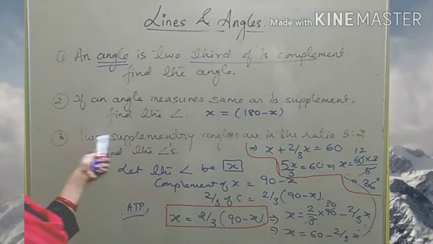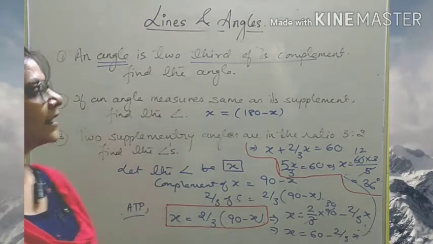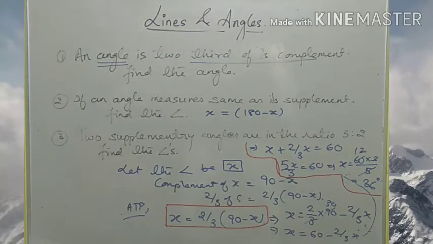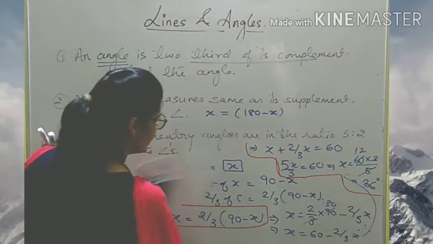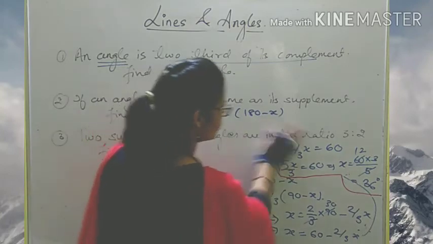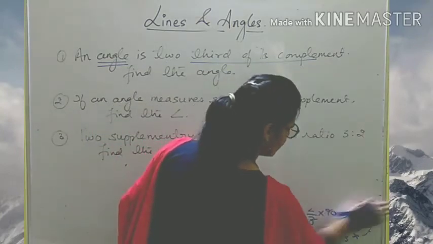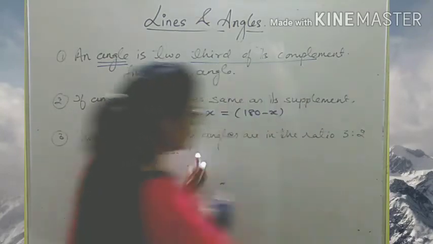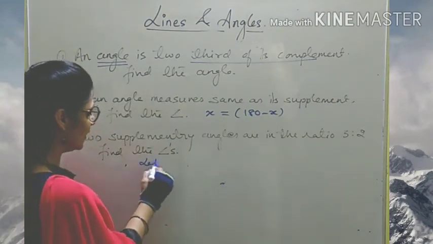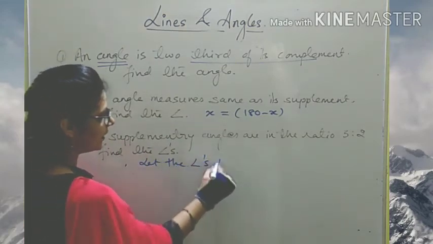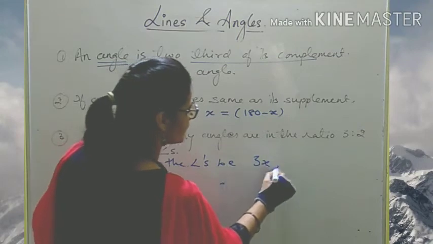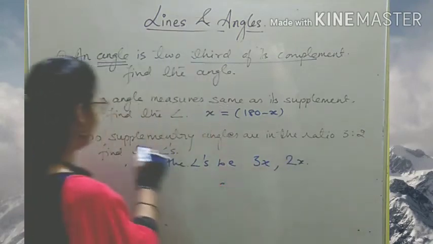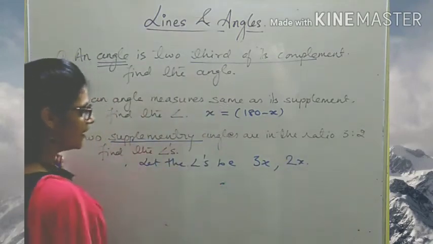Here in this question, two supplementary angles are in the ratio 3:2. तो जब भी हमको रेशियो में दिया होता है, so what will we take? Let the angles be, क्या लेंगे हम? 3x and 2x. And the angles are supplementary.